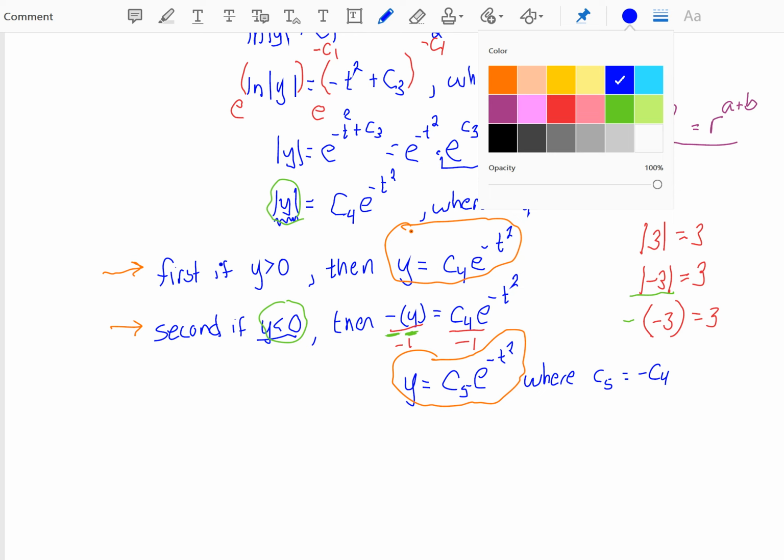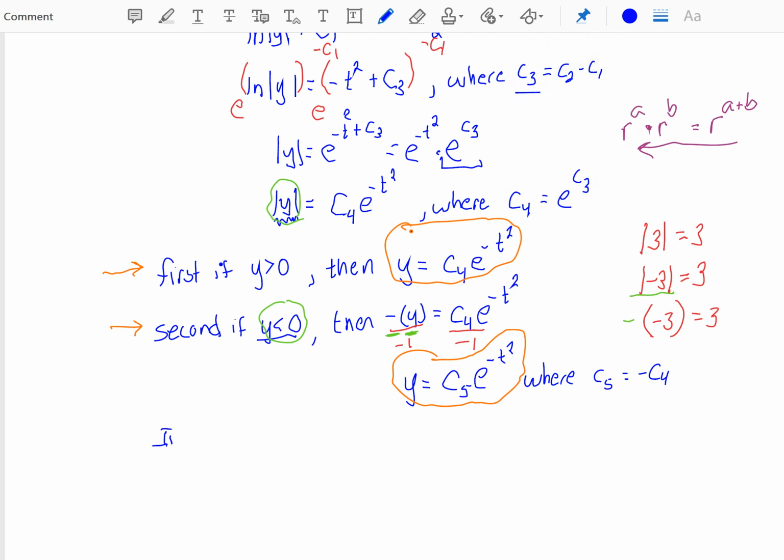So, in general, solutions are of the form y equals C e to the negative t squared.